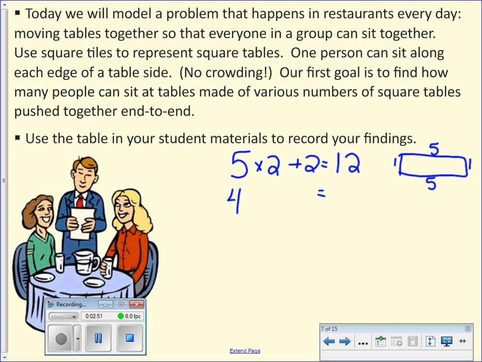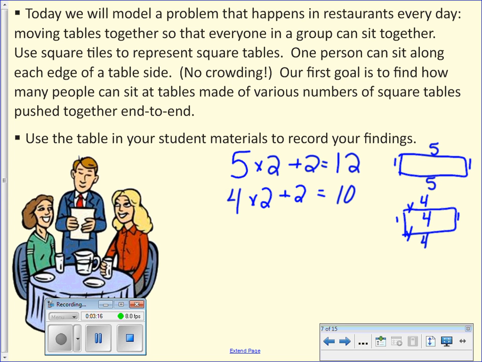How many people at 4? 10. How'd you do that? If there are 4 tables, you were able to fit 4 on each side? Right, so 4 times 2, because there's 2 at a table, here and here, plus the 2 on the ends.